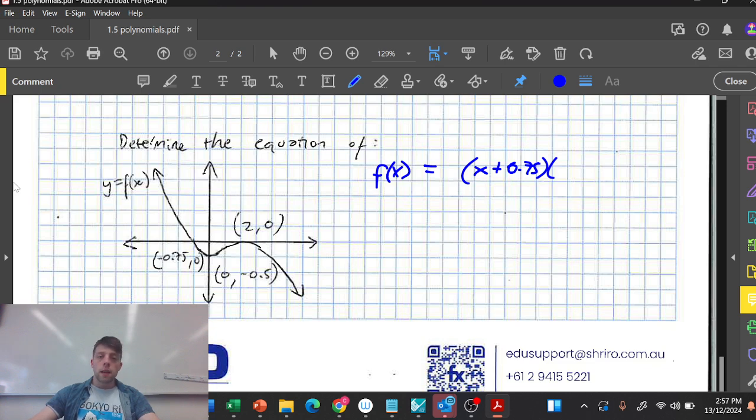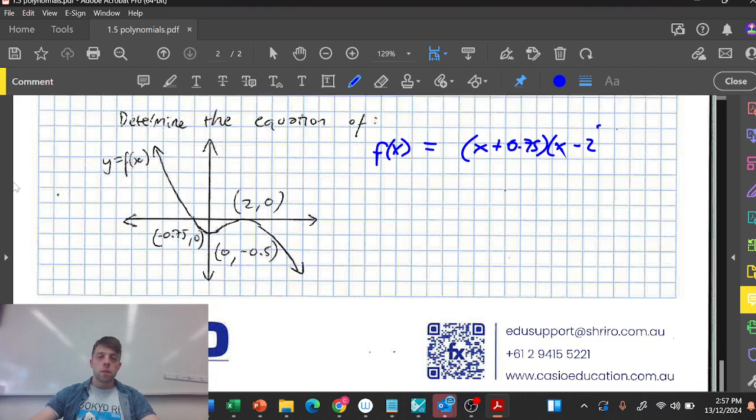So that's a quadratic factor, which means that we must have x minus 2 squared as a factor for this equation. Okay, so therefore all that remains is for us to figure out, because it's possible that there could be some constant out the front here, what that constant could be.